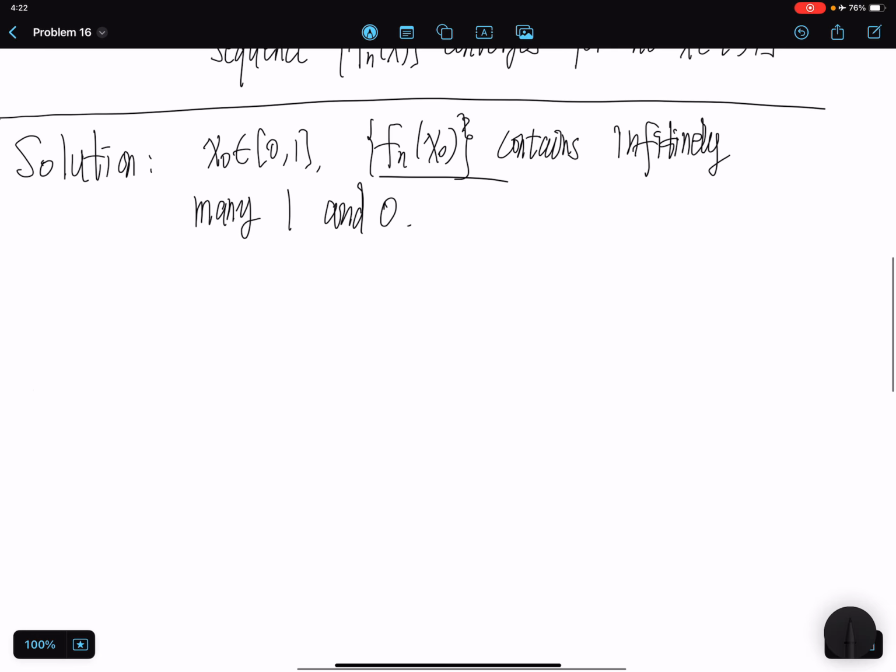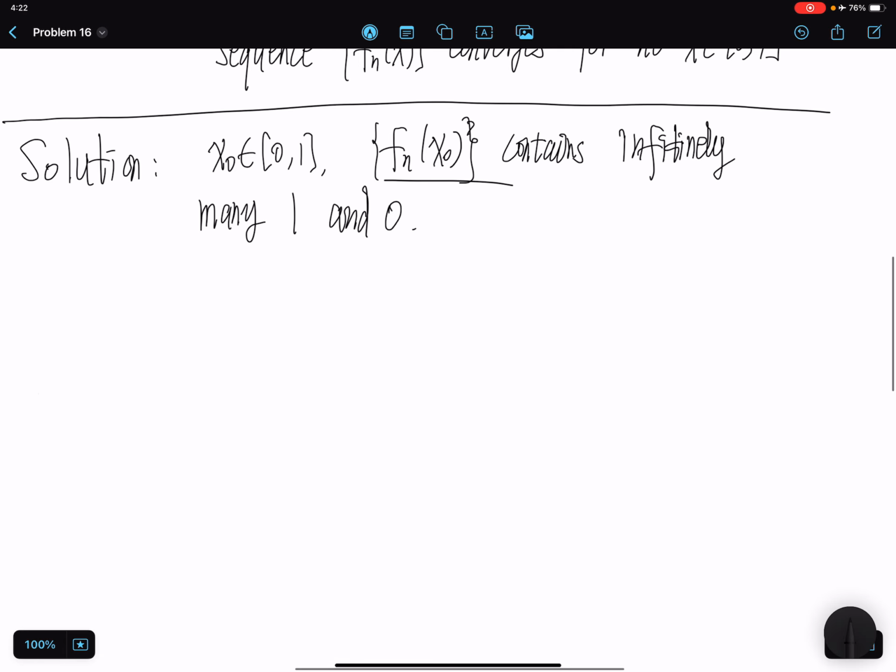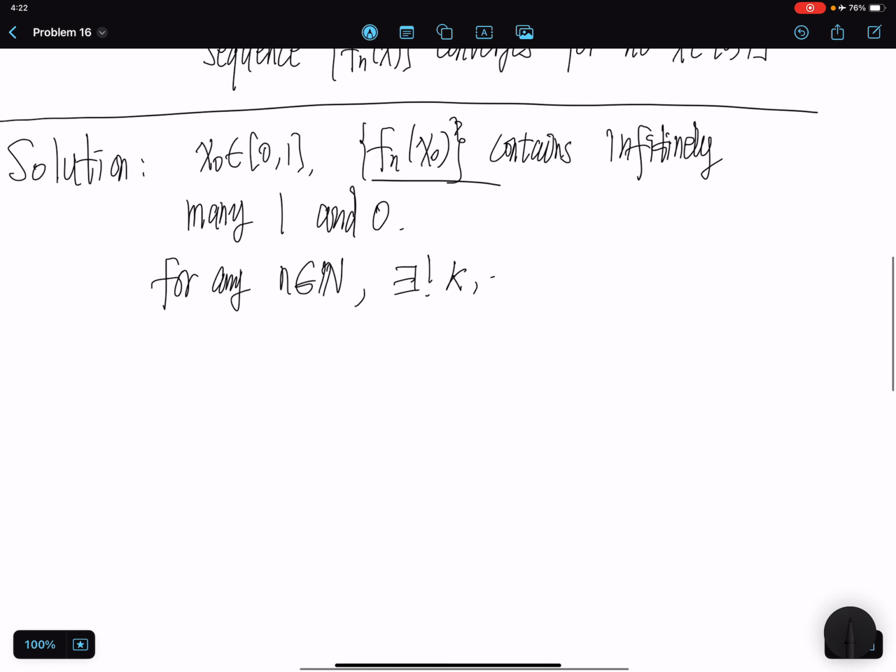So we can use this fact: for any natural number n, there exist unique k and i such that n can be written in the form 2 to the power of k plus i, where i is between 0 and 2 to the k minus 1.